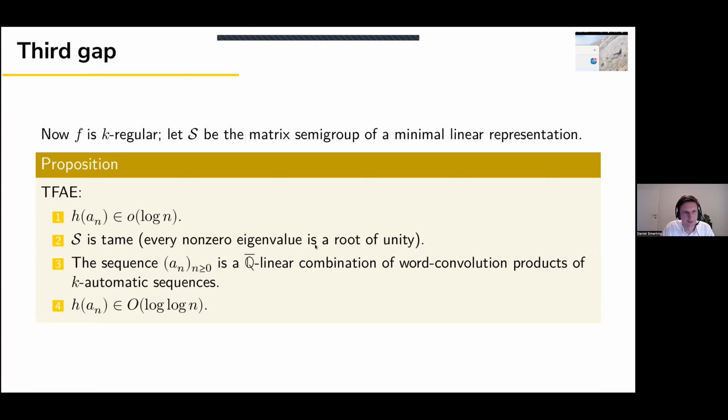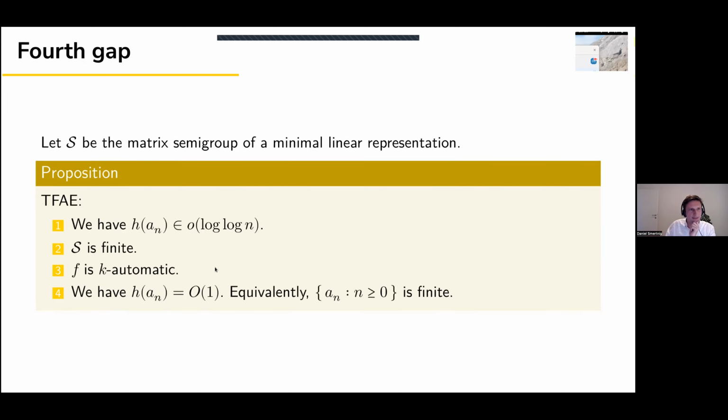And again, there is a structural characterization of the sequences. So they are not necessarily k-automatic, but they are somehow obtained as linear combinations of some convolution products of automatic sequences. And the final gap is that if the height of a_n is actually in little o of log n, then this matrix semigroup must be finite and the sequence is k-automatic, and then actually the heights are bounded.